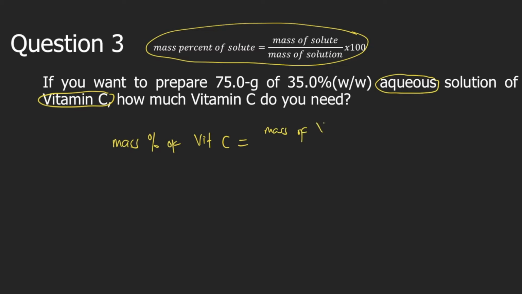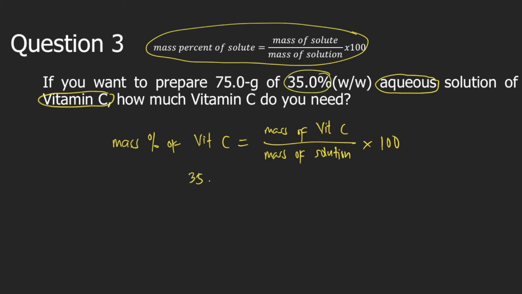So mass percent equals mass of vitamin C divided by mass of solution times 100. We are given the mass percent of vitamin C, which is 35%.